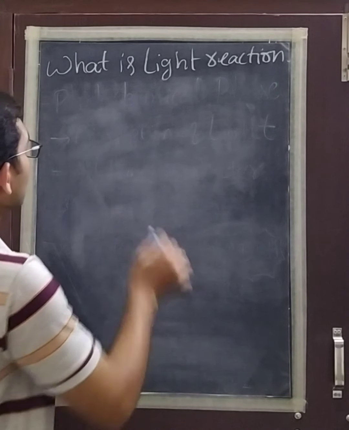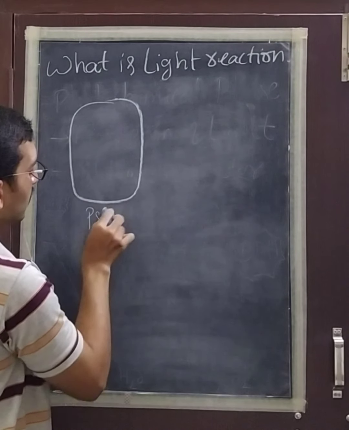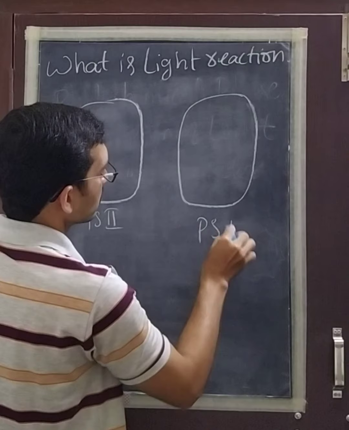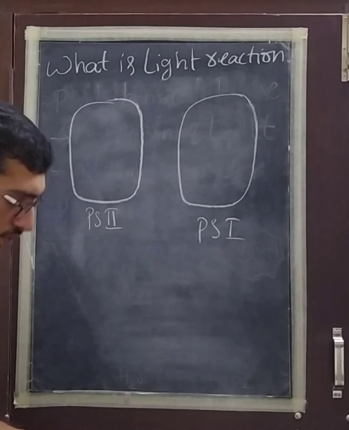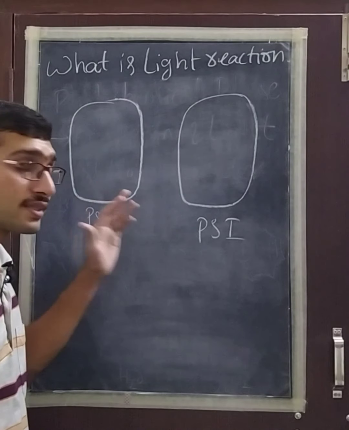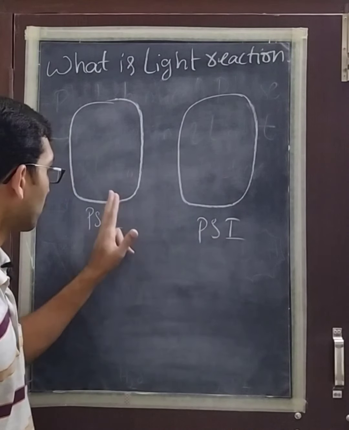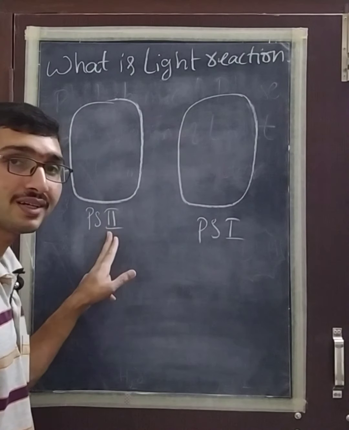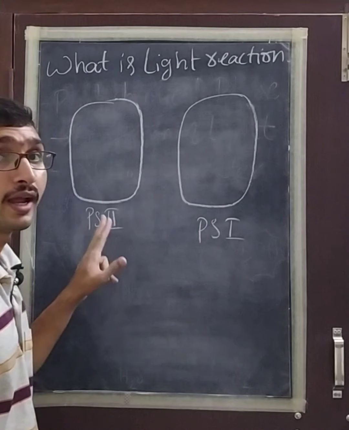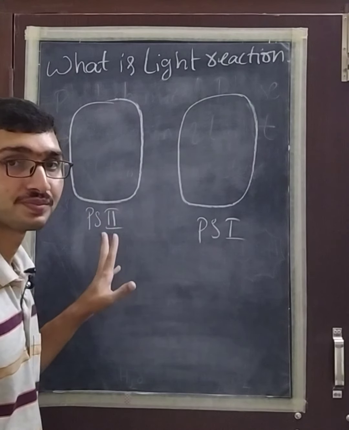So photosystem 2 has to be represented beginning and photosystem 1 has to be represented afterwards. These are named on the basis of their discovery. Photosystem 1 is discovered first. Photosystem 2 is discovered later. So these are named on the basis of the discovery and not on the basis of the reaction they perform.